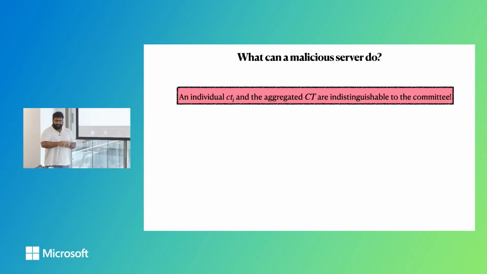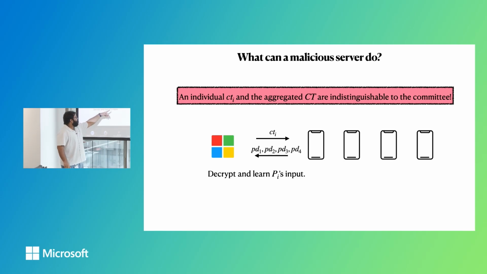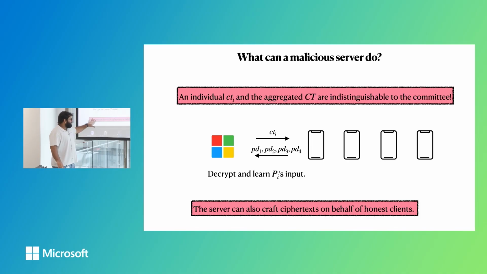For instance, the server could send one honest party's ciphertext and have the committee decrypt it, and then the server immediately learns that particular party's input, right? The server can also craft ciphertexts on behalf of honest clients, because all the server is doing is forwarding these ciphertexts that it received, aggregating them and sending them to the clients. The server can do this themselves.